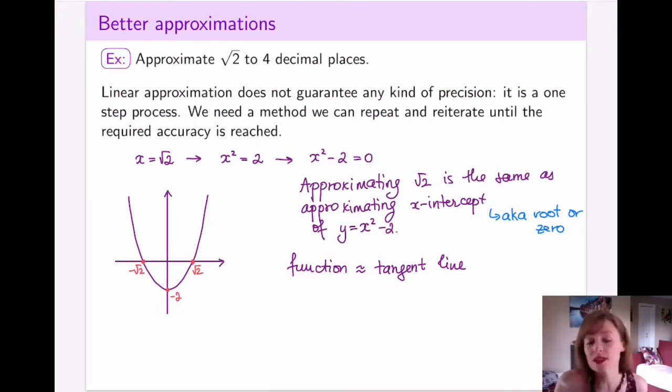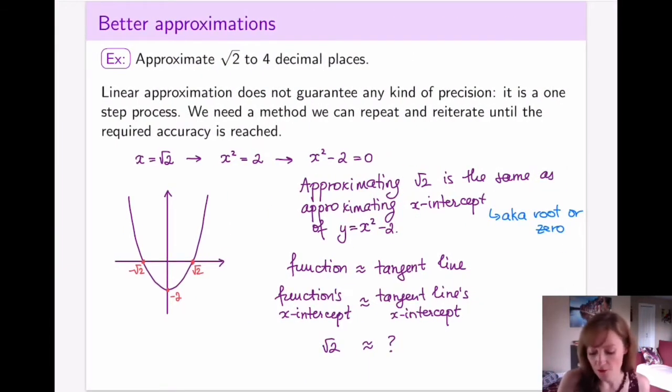A function is approximately equal to its tangent line near the point of tangency. And in particular, the function's x-intercept, which in our case is square root of 2, is really well approximated by the tangent line's x-intercept, again, as long as I'm somewhat close to the point of tangency.